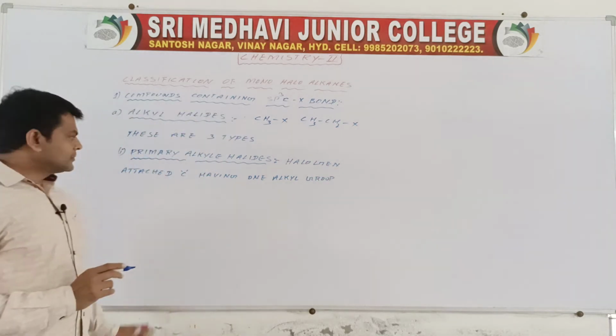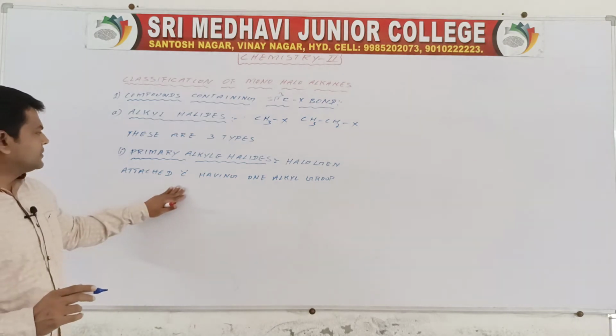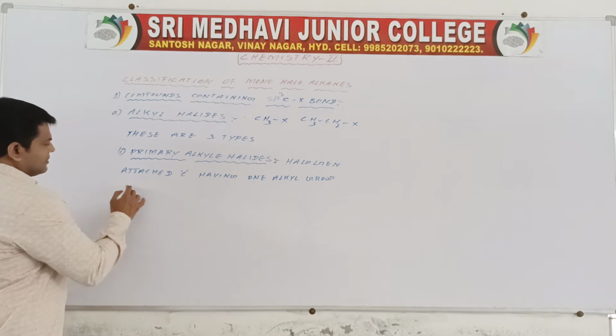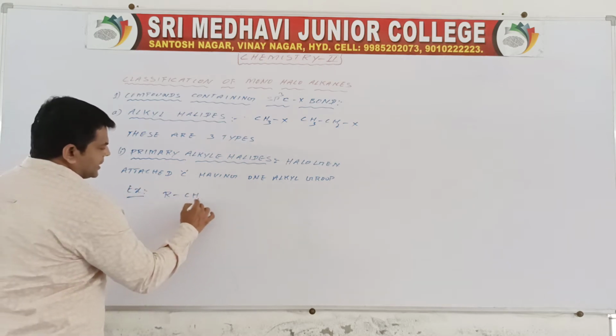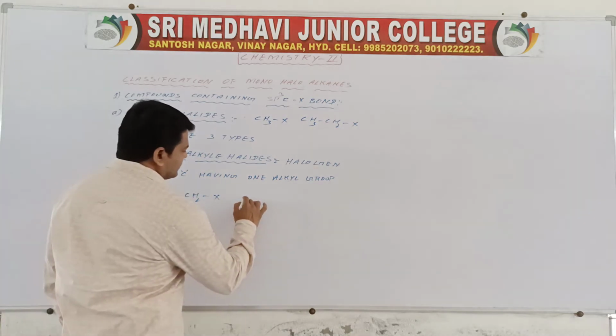For example, RCH2X, where R means alkyl group.